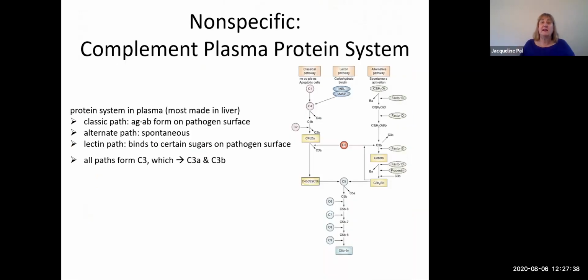All right, fantastic. Now that you know our first non-specific response, which was inflammation, I want to teach you about our second one, which is the complement plasma protein system. So when we talk about activating complement, this is what we are talking about. This is a group of proteins that are floating around in your blood all the time, okay?